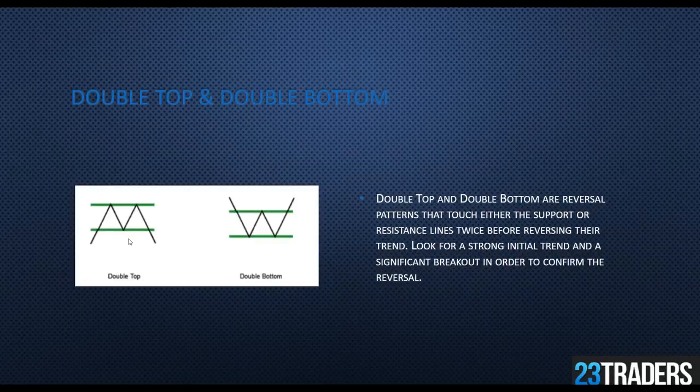So here we have what's a double top. Price is moving up in an uptrend, hits this resistance line, bounces off of it, comes off to the support line, goes back up to the resistance line, and then falls back down and breaks through. So they look just like W's.